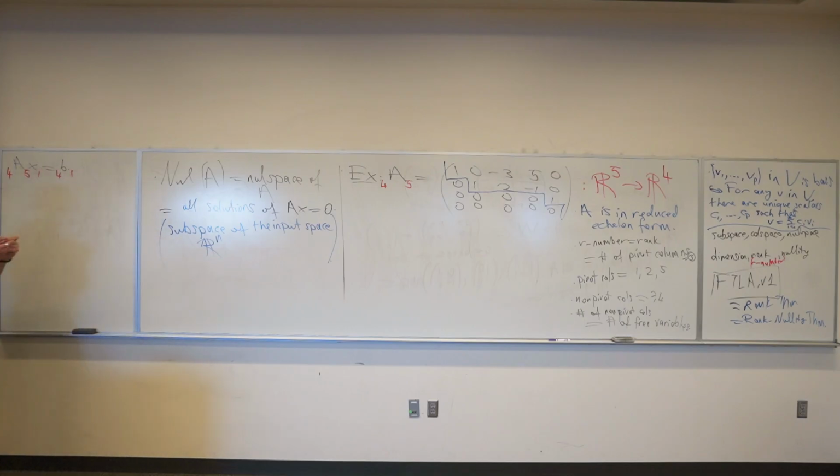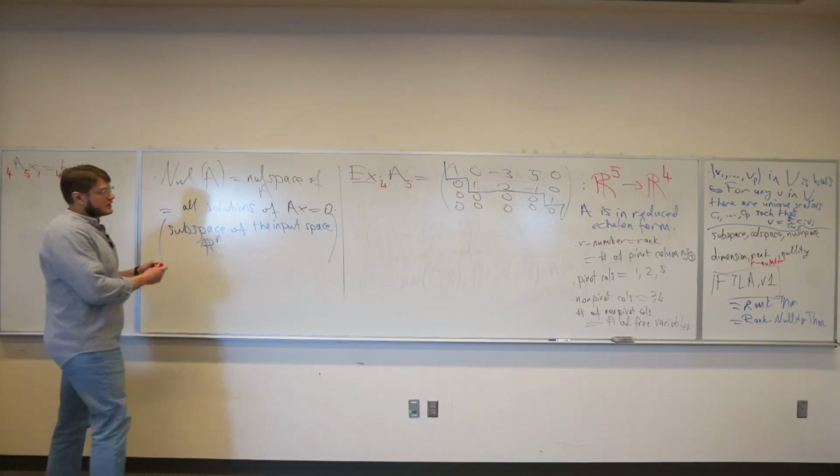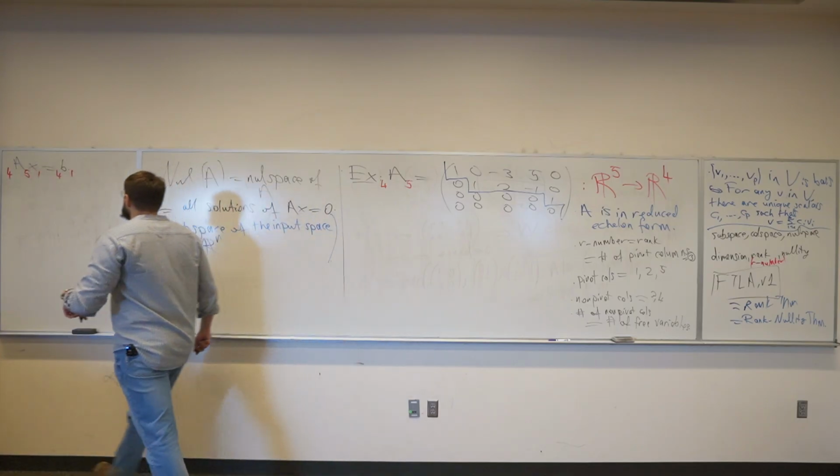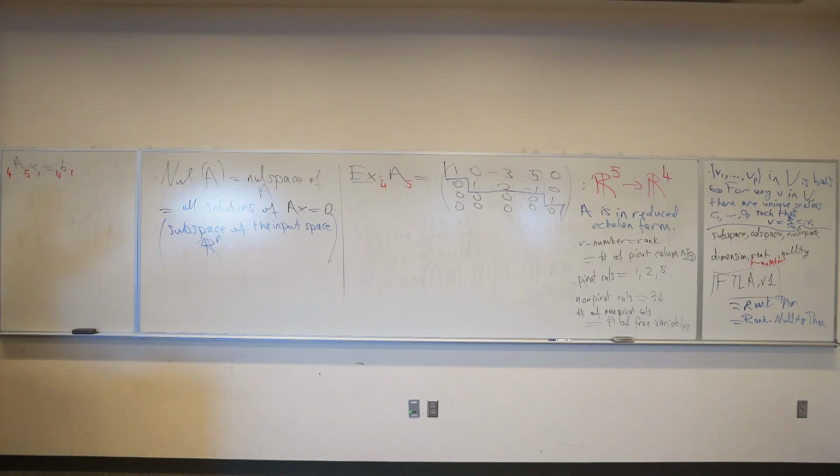If I were to open this whole thing up, let's say x has entries x1, x2, whatever, and B has entries b1, b2, whatever. What does this say?